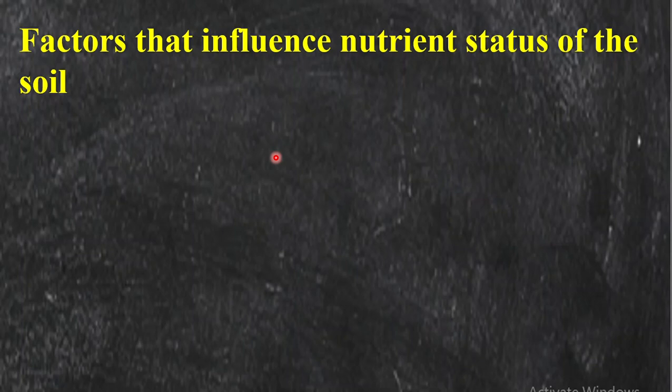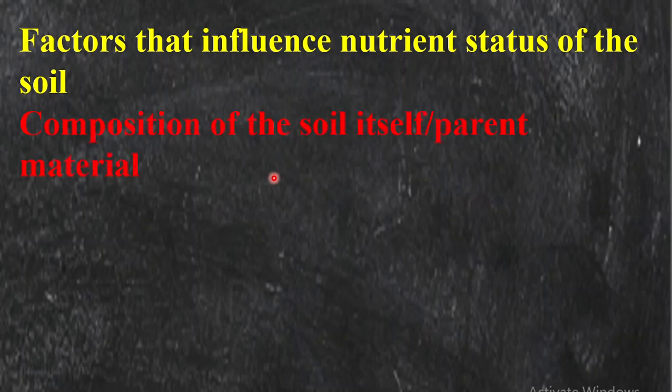So that's what we'd like to share now. So one of the factors that influence nutrient content or status of the soil is the composition of the soil itself, which is called the parent material. So parent material affects nutrient content of the soil.